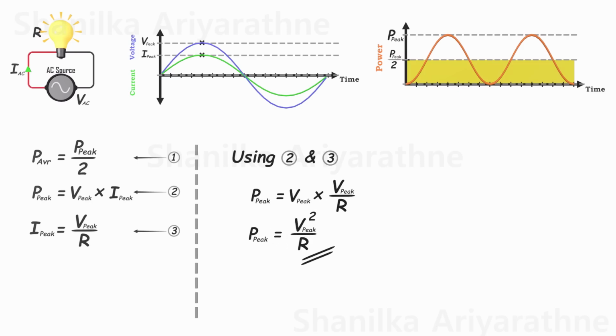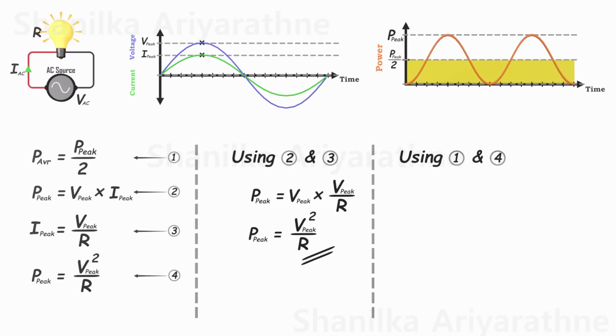This represents our fourth equation. Subsequently, utilizing equations 1 and 4, we can formulate the expression for average power using voltage and resistance. The average power of an AC power circuit is equivalent to the squared peak voltage divided by twice the resistance.